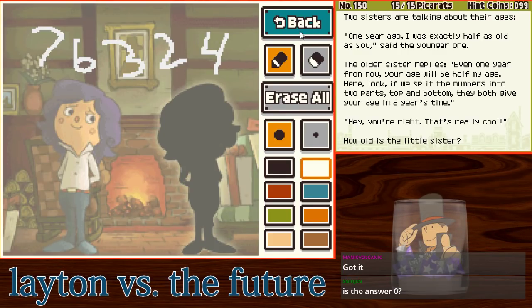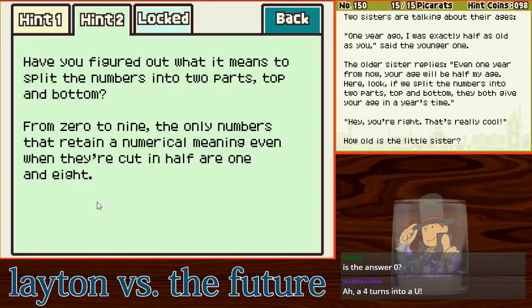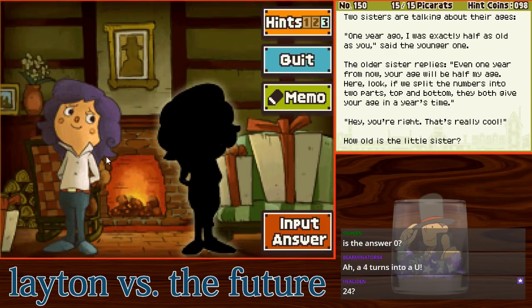I mean, it could be 88, which is 0, 0. But that doesn't make sense. Yeah, 4 turns into a U. What are you getting at, game? Yeah, the only numbers that retain a numerical meaning even when they're cut in half are 1 and 8. Yeah, okay.